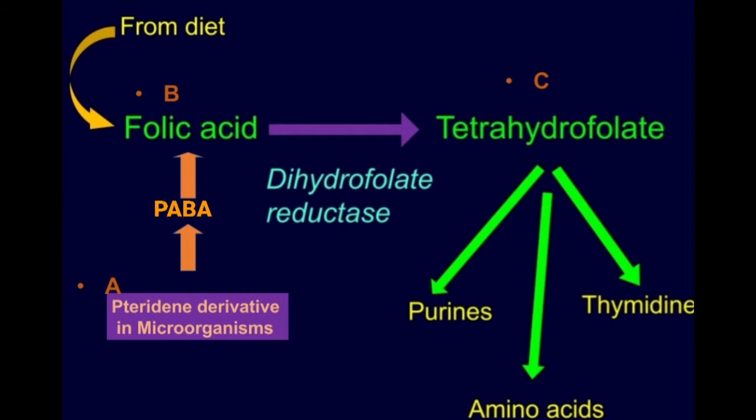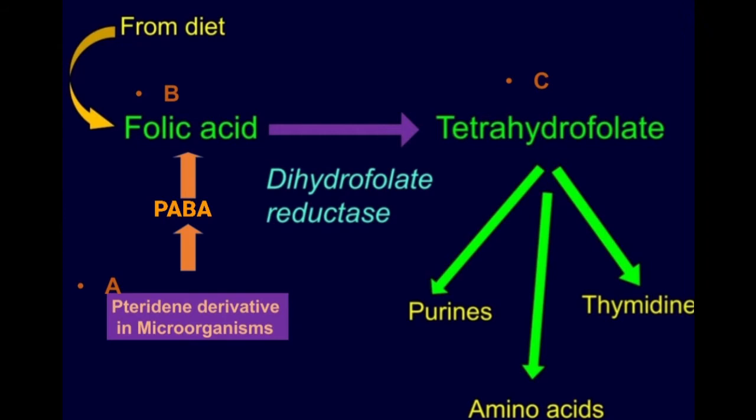What we need as humans from the diet is this one, B, folic acid or folate. One and the same. Folic acid, folate are one and the same. So you need this. We have one enzyme that converts this folate to tetrahydrofolate, and that enzyme is dihydrofolate reductase.